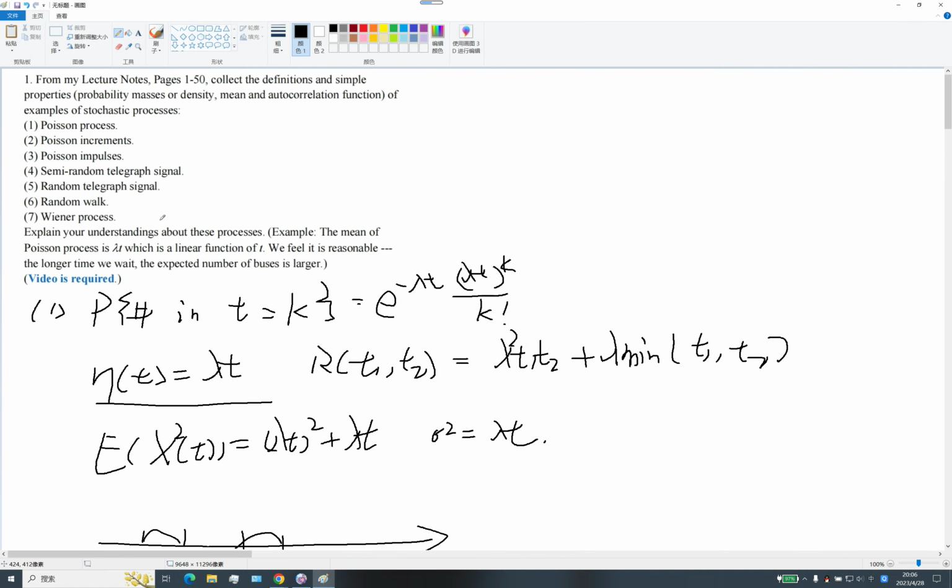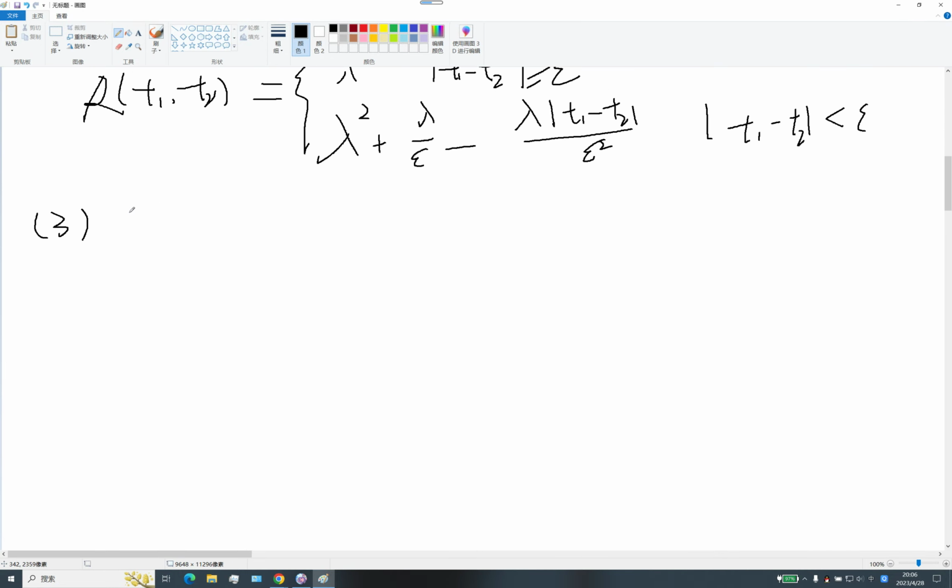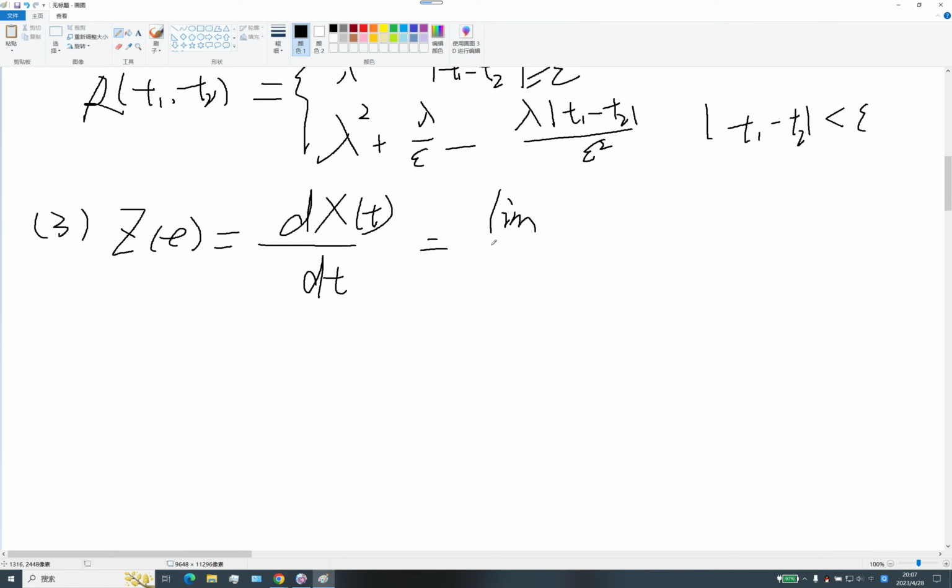And the third one is the Poisson impulse. The Poisson impulse is defined by Z(t) equals dX(t)/dt, which means it is the Poisson increment as ε goes to 0.